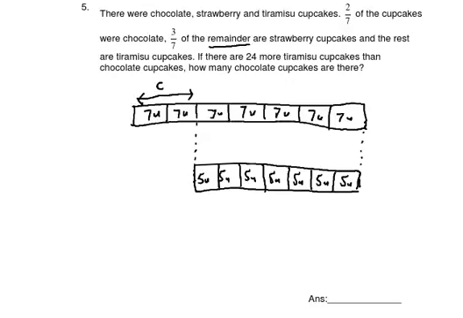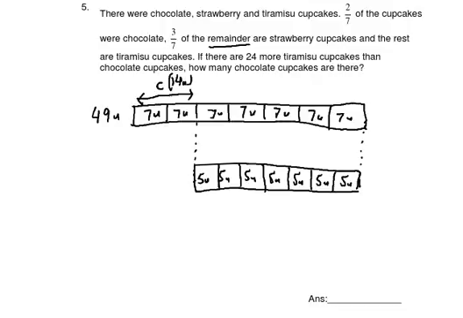Which is equals to 49 what? 49 units. Can you understand how we get 49 units? Because I've got 7 boxes here. 1, 2, 3, 4, 5, 6, 7. And each box is 7 units. So altogether, all the cupcakes is 49 units. Of which the chocolate is 14 units, right? Yes or no? Yes. Okay.